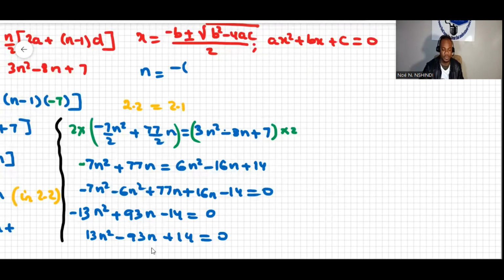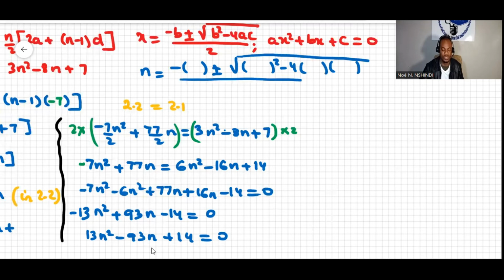Now I can sub in the values: minus b is -93, plus or minus the square root of (-93) to the power of 2, minus 4 times a, which is 13, times c, which is positive 14, over 2a, 13.